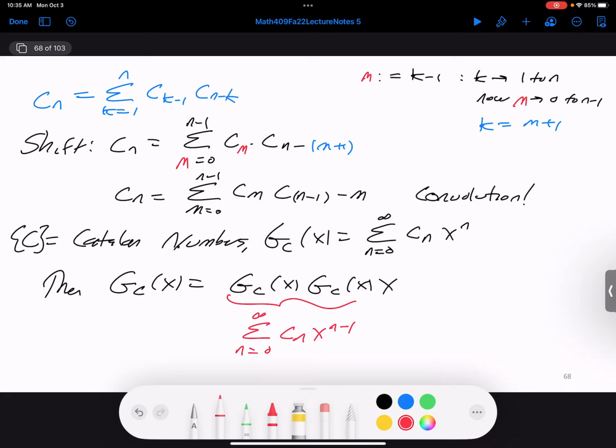So how should we define C0? How should we define the number of paths from 0, 0 to 0, 0 that don't cross the main diagonal? I said before that we wanted to define it maybe as 1. Well, if we look at what's going on here, if I define that as 1, is this going to work?